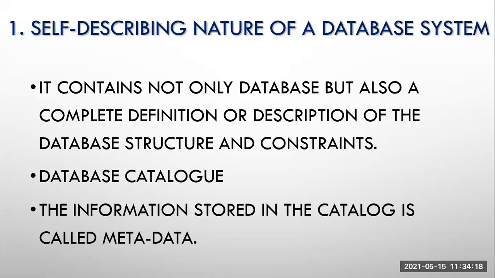So that is the complete definition and description of the database structure and constraints. And whatever data you store in the respective boxes goes into the database catalog, and in the catalog you have metadata. What is metadata? It is data of data. What is the data? Roll number, name, marks 1, marks 2, marks 3. This is the data of data. Now, what is the data itself? 1, Sai Prakash, 95, 96, whatever the marks are. 2, Maitri, 98, 85, 86. This is the data of data.